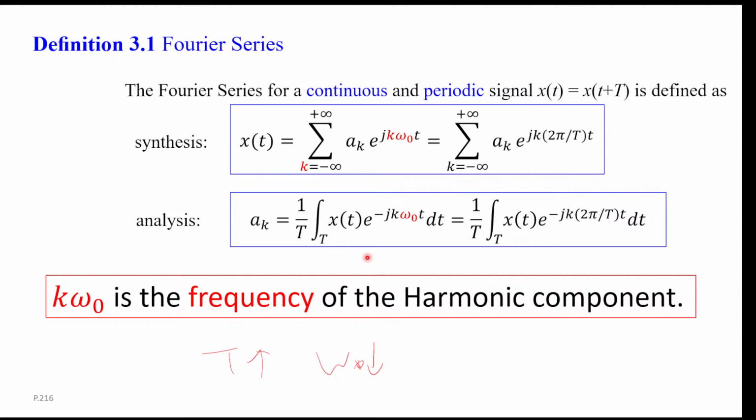We start with the Fourier series representation for a periodic signal: x of t is the summation of ak e to the jk omega t, and ak is the integration of x of t e to the minus jk omega t.